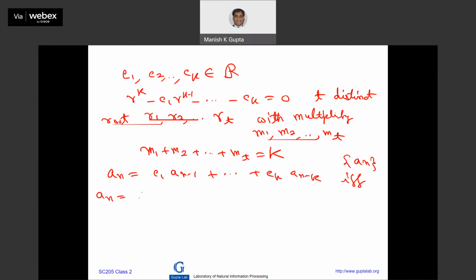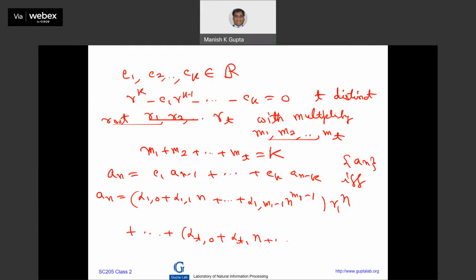an is equal to (alpha 1 0 plus alpha 1 1 n plus ... plus alpha 1 (m1 minus 1) n raised to power m1 minus 1) times r1 raised to power n, and so on, up to (alpha t0 plus alpha t1 n plus ... plus alpha t (mt minus 1) n raised to power mt minus 1) times rt raised to power n.